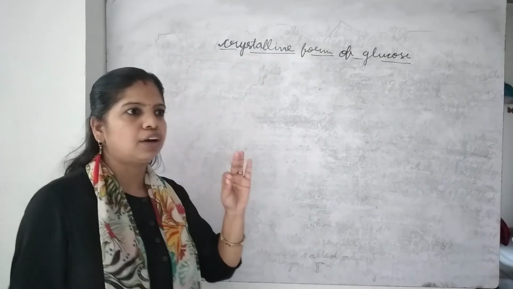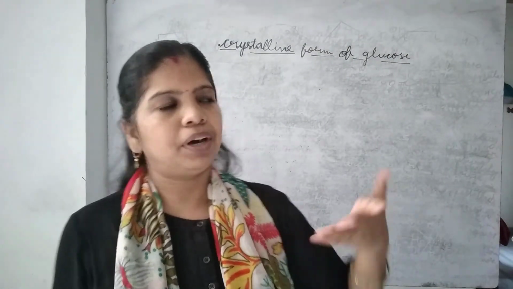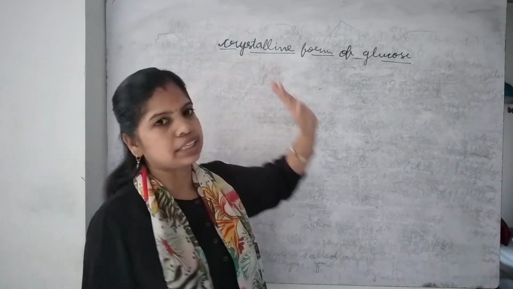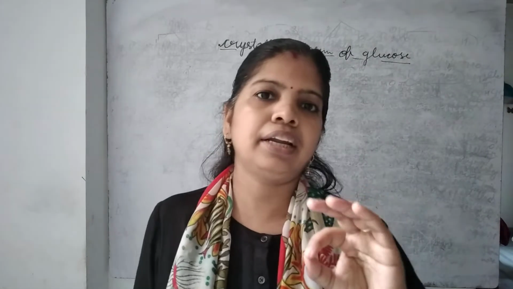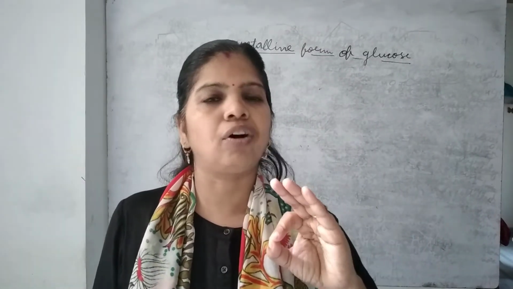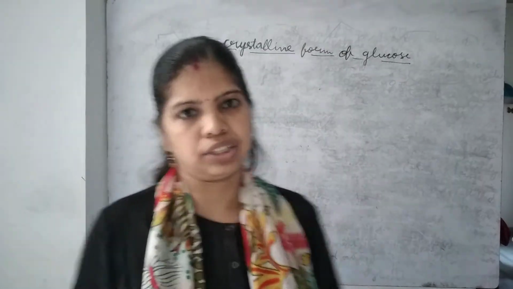Actually, there are a few chemical reactions which are possible with the aldehydic group. But with this crystalline form of glucose, we find that no reaction occurs with those reagents.